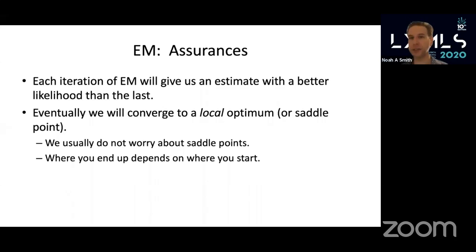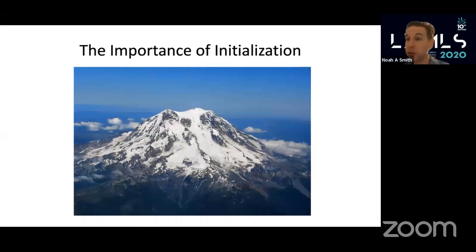But there may be other reasons for many local optima, and sometimes people find degenerate solutions where the HMM behaves really badly for various reasons having to do with your data. So initialization really, really matters, and I put this picture of a mountain near where I live to remind you of this.